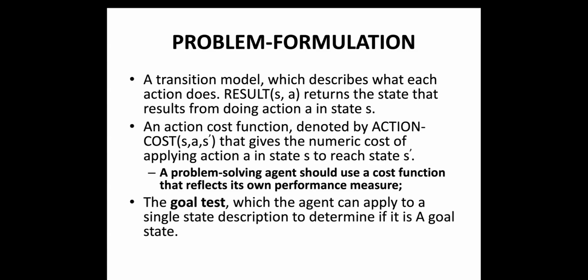Then the transition model, where we said will describe the result of each action to say when we are in this state and a particular action is taken, this is what would happen. Then we talked about the action cost, that is the cost attached to each action. And then the goal test, that is how do we determine if a goal has been reached. So that is how we define a search problem.